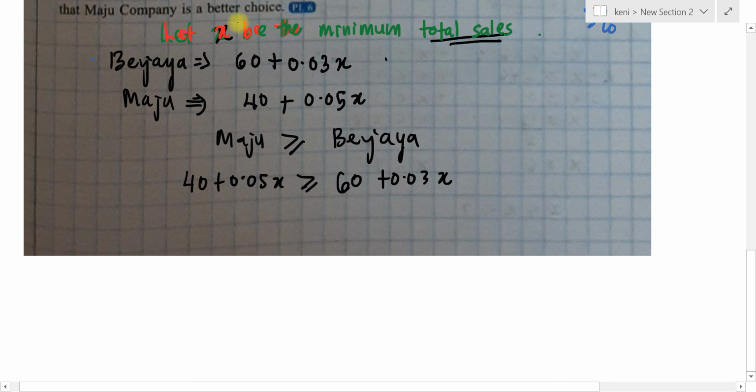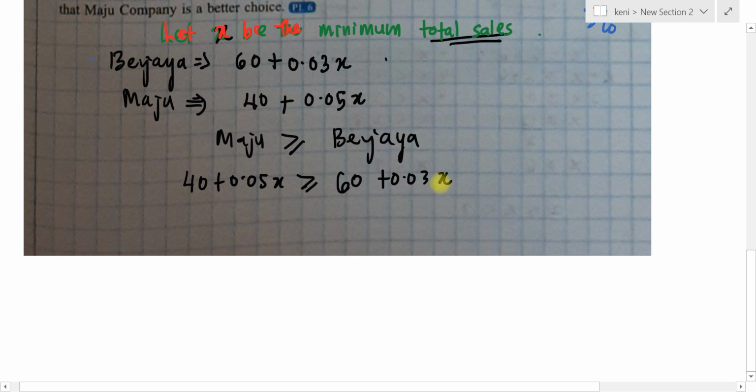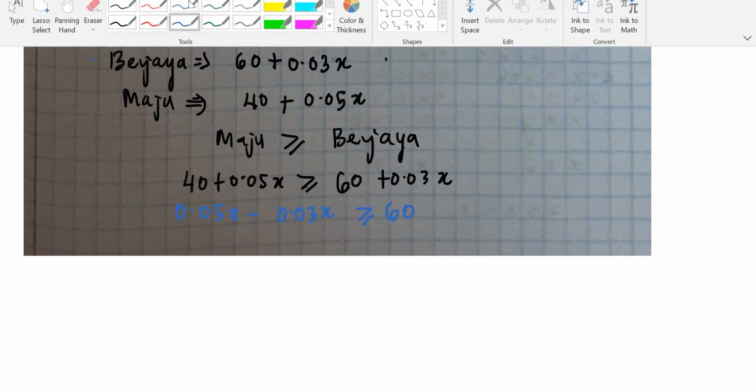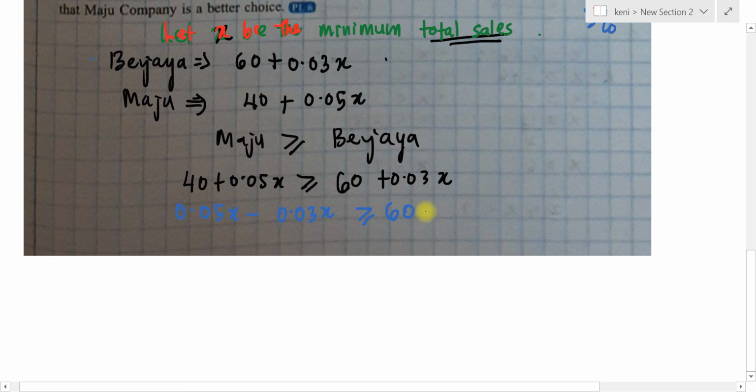Okay, so we compare both sides. We take the 0.03x, the smaller one, to the other side. So 0.05x minus 0.03x is greater than or equal to 60 minus 40.